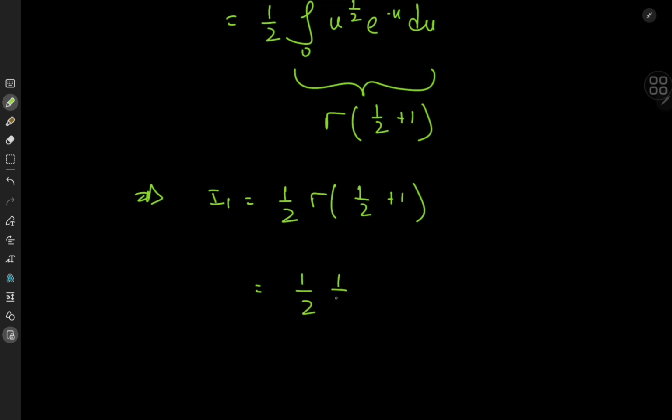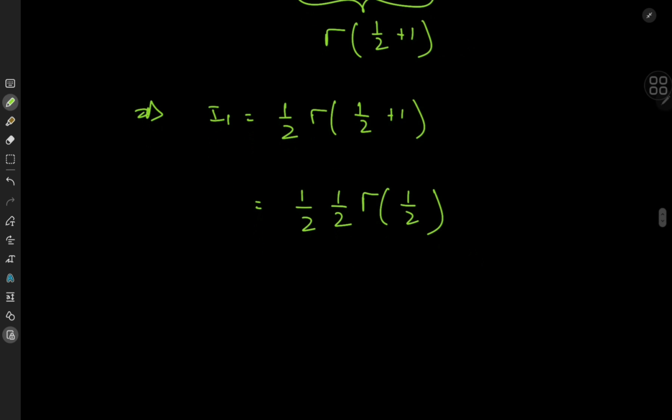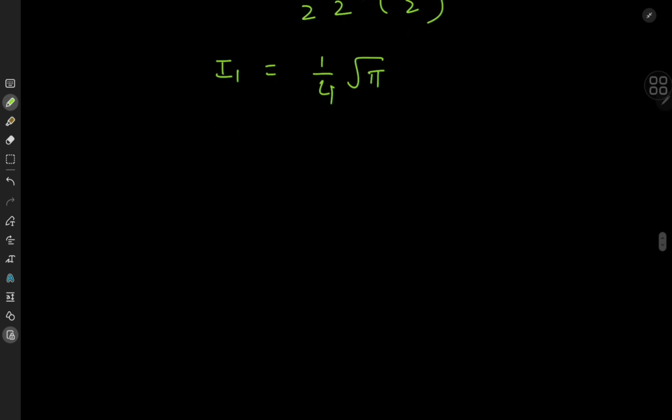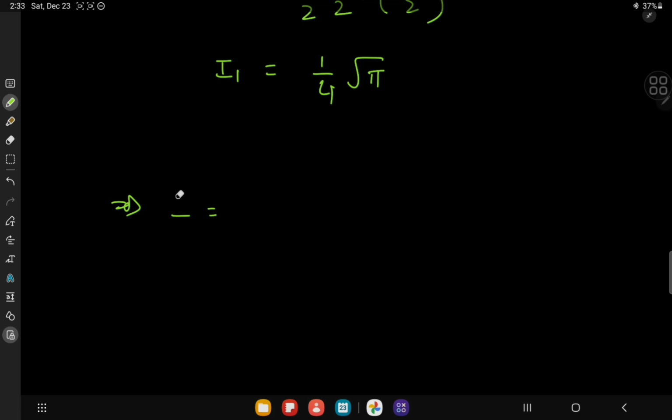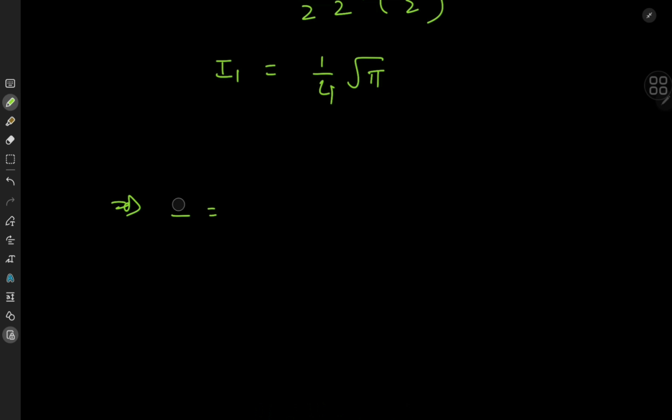So in this case, we have z equal to 1/2. And we know that gamma of 1/2 equals root pi. So that means we have a quarter of root pi, which is again quite nice.